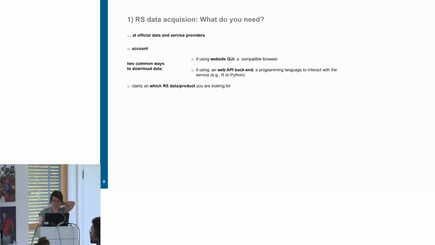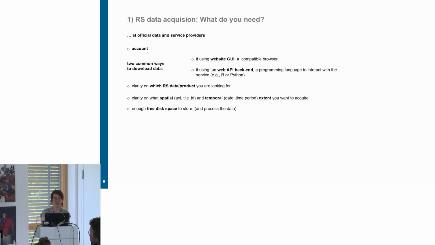The other thing you need is clarity on what data or product you are looking for, what kind of satellite data. As I said, there are different missions, different data sets, also different levels. Please make sure you download level 2 and higher, because the other ones you don't want to use. You need an idea about the spatial and temporal extent of your data, and of course enough free disk space on your computer to store the data and then to process it.